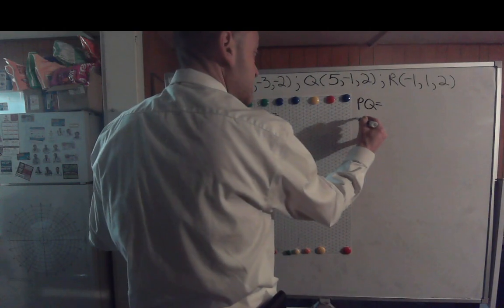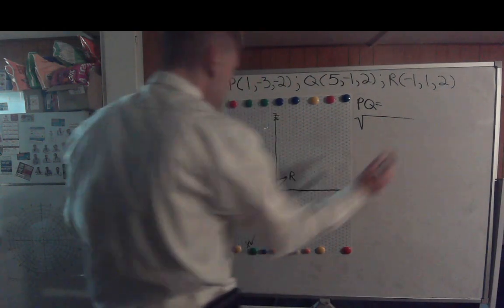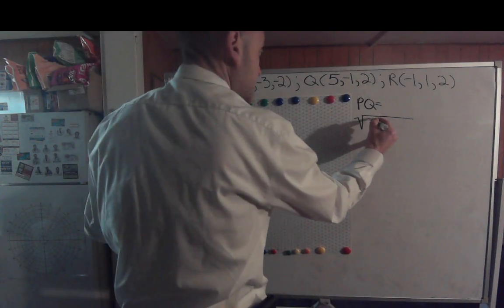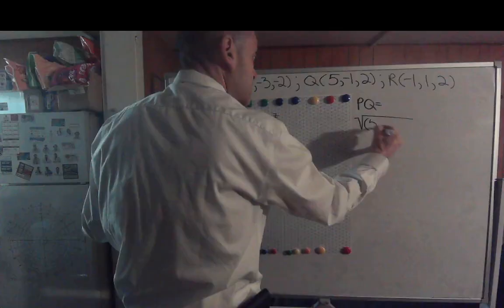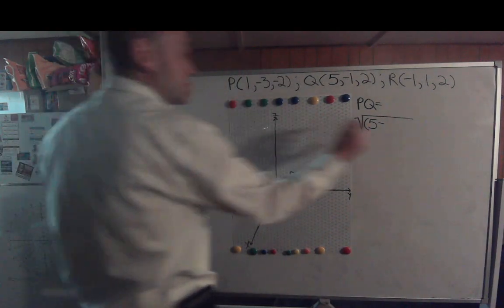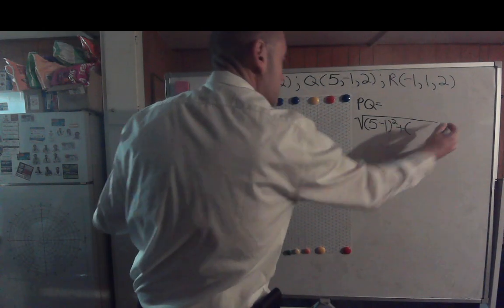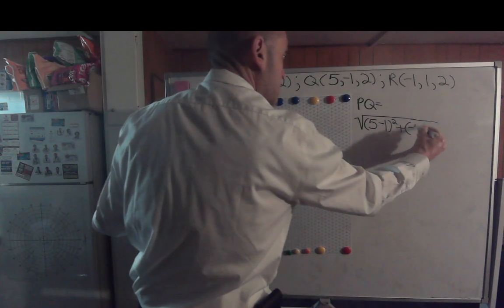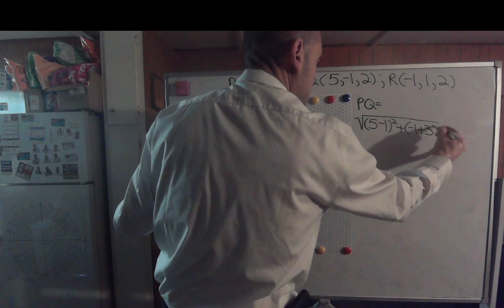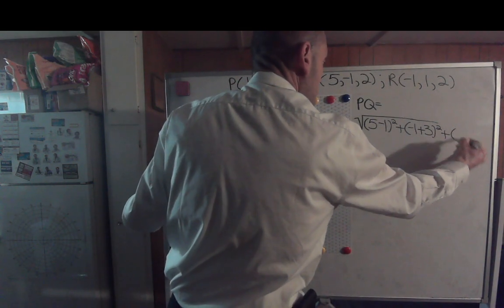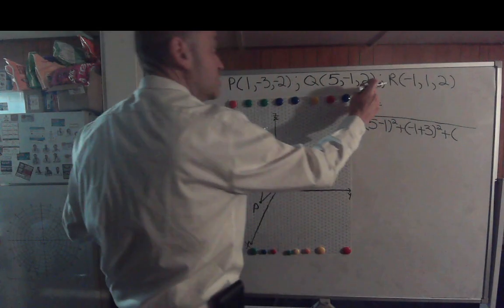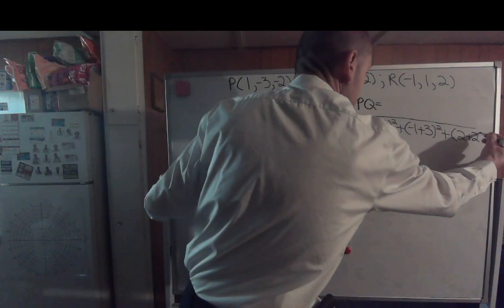PQ, to find the distance of that, you'll get the square root of, so take your x2 coordinate of 5 minus your x1 coordinate of 1, square that, plus your y2 coordinate, which is -1, minus your y1 coordinate, which is -3. Well, this would turn into -1 plus 3 squared, plus take your z2 coordinate of 2, minus your z1 coordinate of -2. This would turn into 2 plus 2 quantity squared.